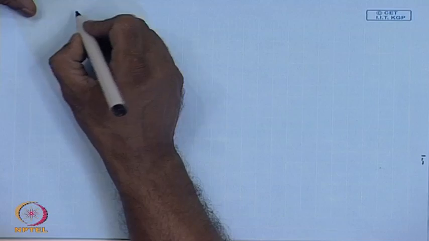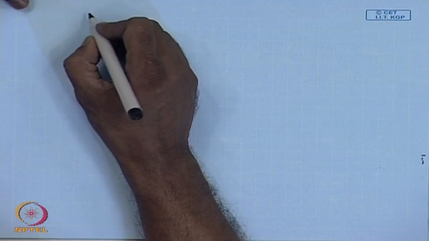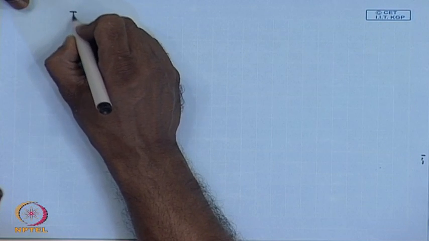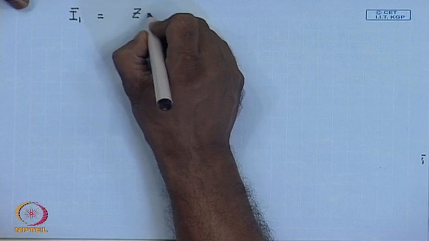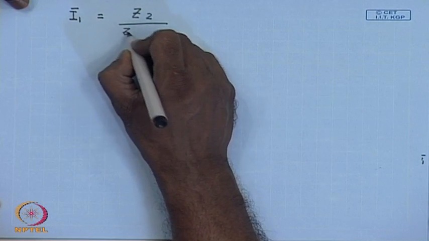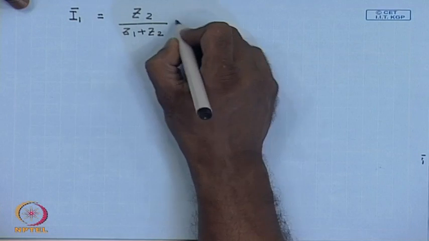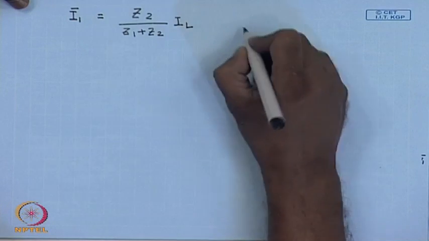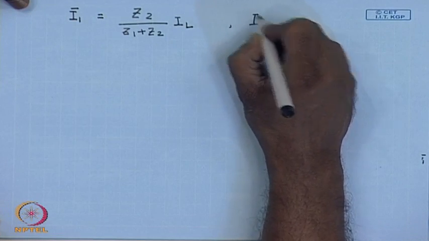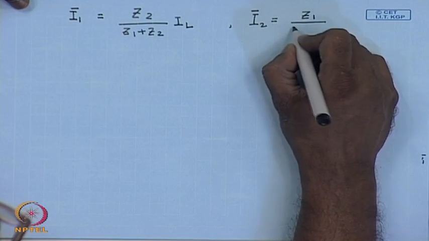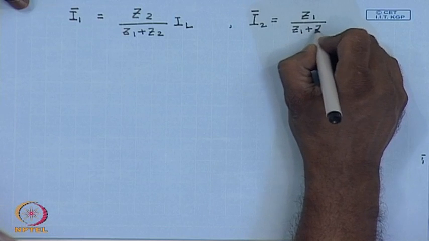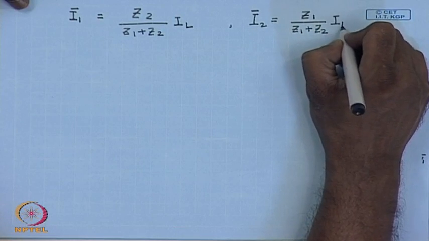From the previous circuit diagram, we have seen I1 equal to Z2 by Z1 plus Z2 into IL, and I2 equal to Z1 divided by Z1 plus Z2 IL.